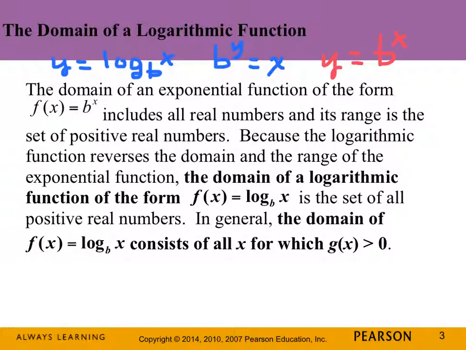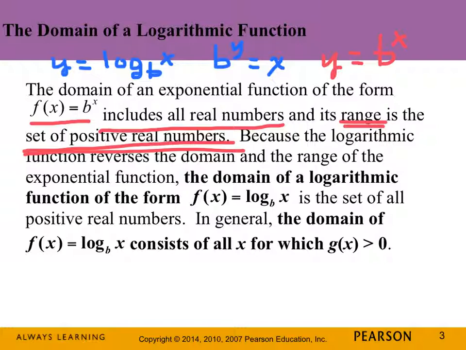So when we talk about exponential functions, their domain and range are going to be the exact opposite of what we just talked about on the log functions, because they're inverses of each other. So if it's in exponential form, then the domain is going to be all real numbers, and the range is going to be just the positive real numbers.